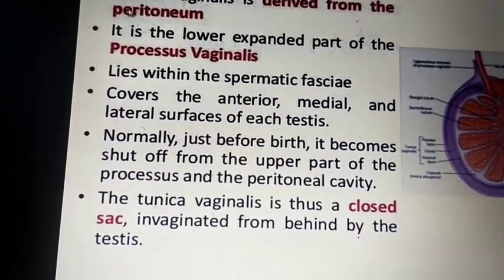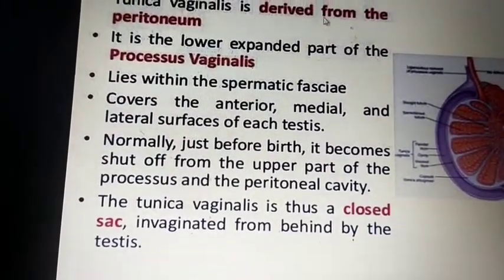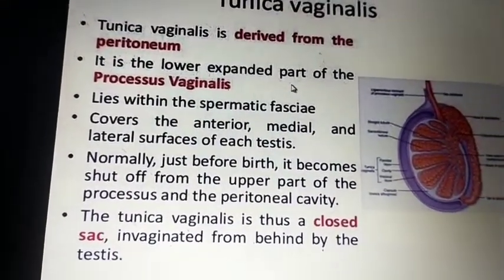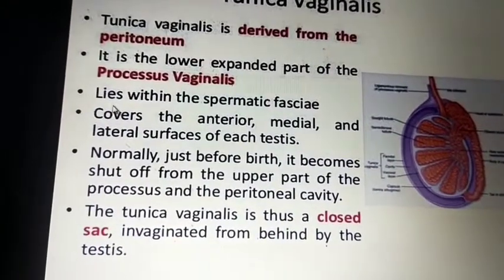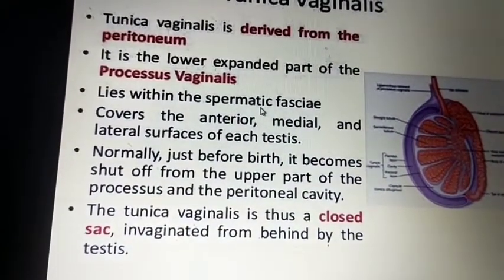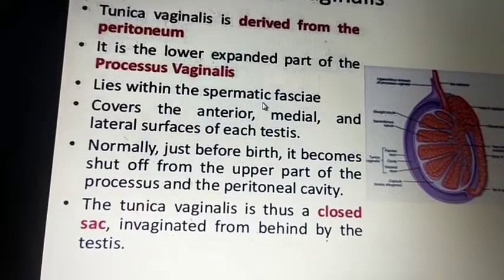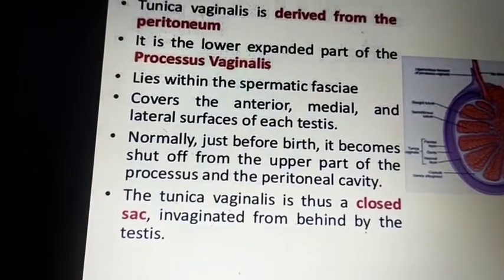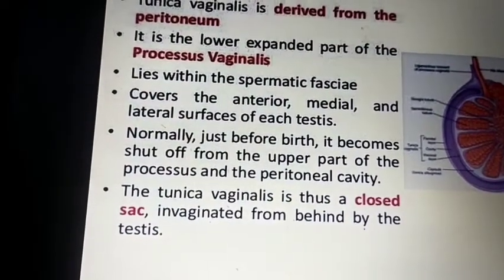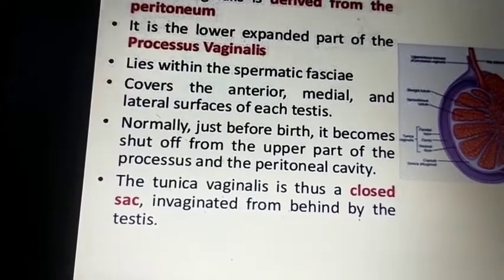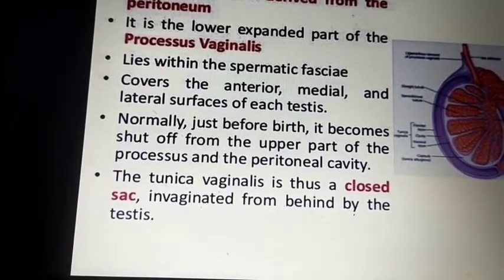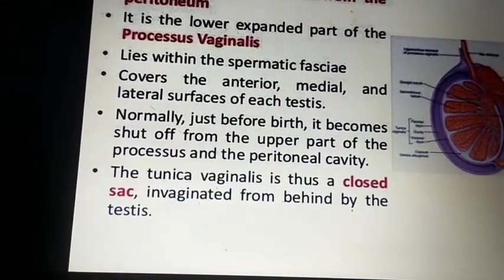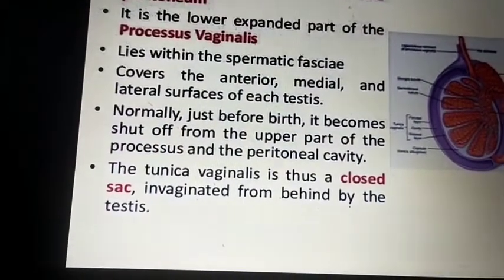The tunica vaginalis is derived from the peritoneum. It is the lower expanded part of the processus vaginalis. It lies within the spermatic fascia, that is, the internal spermatic fascia. It covers the anterior, medial and lateral surface of each testis. Normally, just before birth, it becomes shut off from the upper part of the process and the peritoneal cavity.